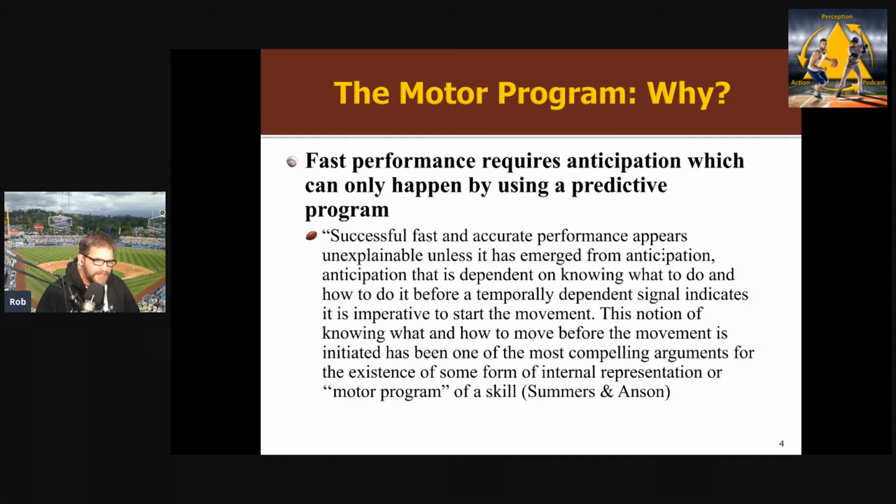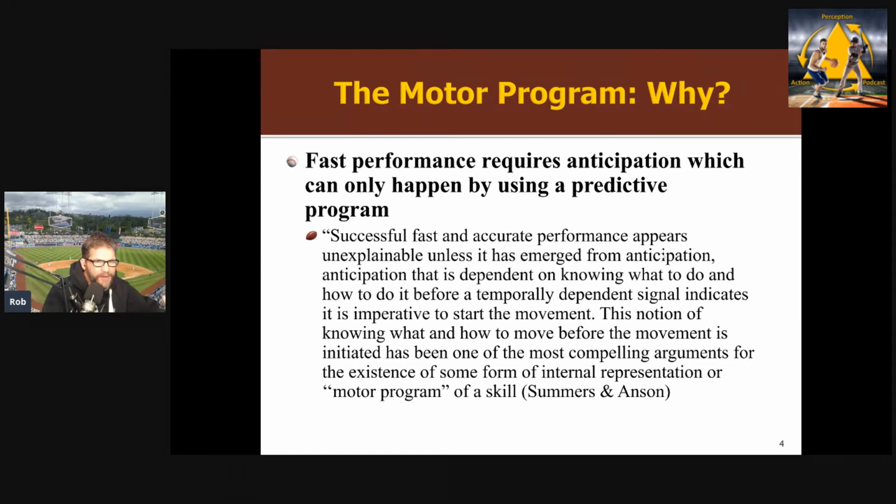Another one is this idea of anticipation. In a lot of sports skills and a lot of things, we need to use information before the event actually starts. If we're going to be successful, I need to use advance cues or situational probabilities.